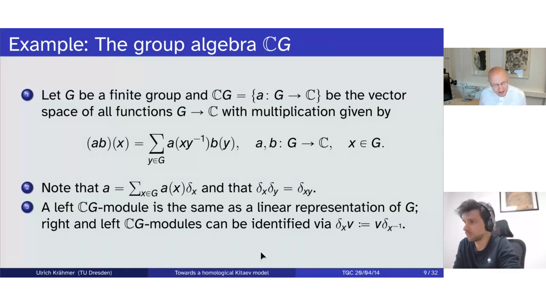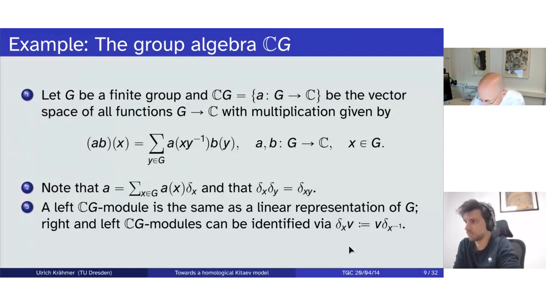And if you ask what is a right module of the group algebra, you will find it's also a linear representation, because the inversion of a group element, which maps x to x^-1, gets extended to an algebra morphism from the group algebra to its opposite algebra.